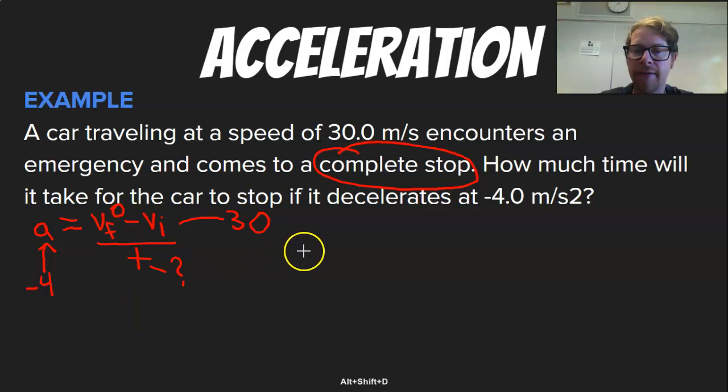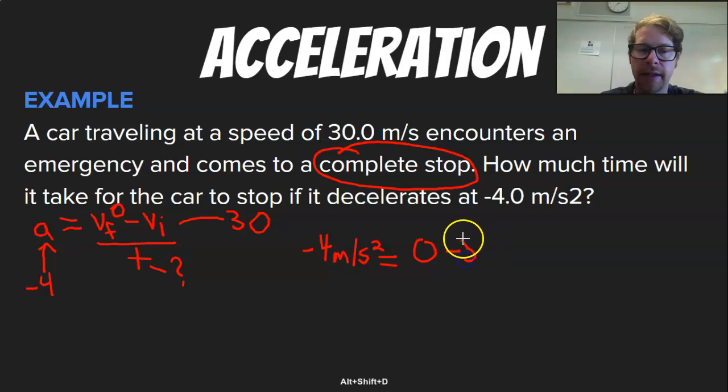So now what we have is -4 meters per second squared is equal to our final velocity, which is 0, minus 30 meters per second, divided by the time.